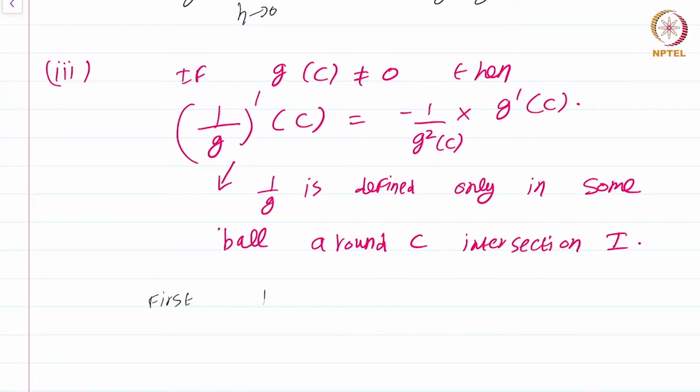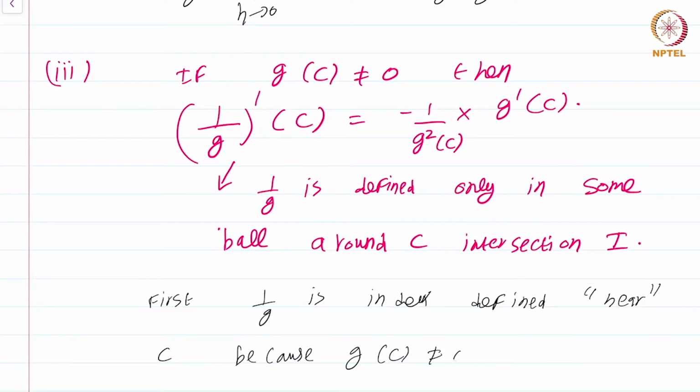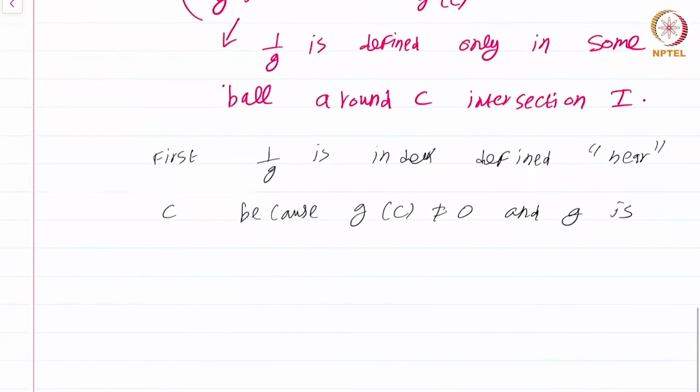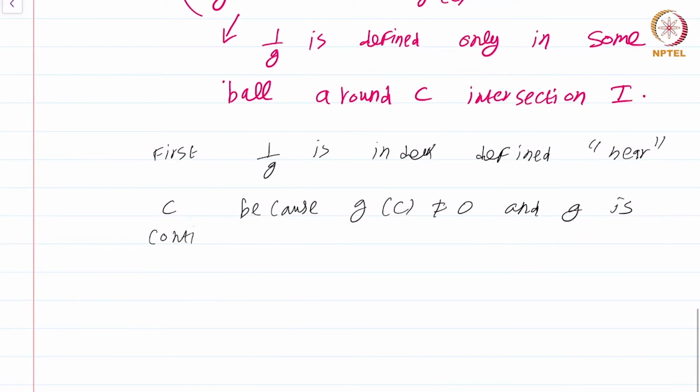First, 1 by g is indeed defined. I'll just abbreviate this as saying near the point c, because g of c is not 0 and g is continuous at c.